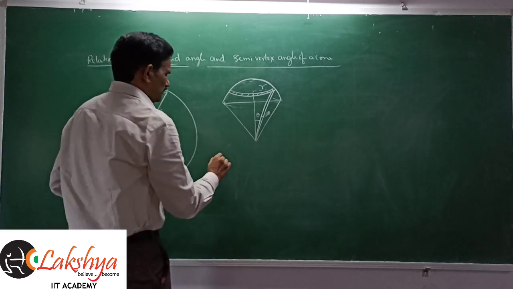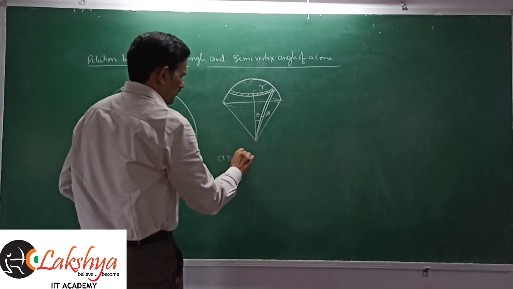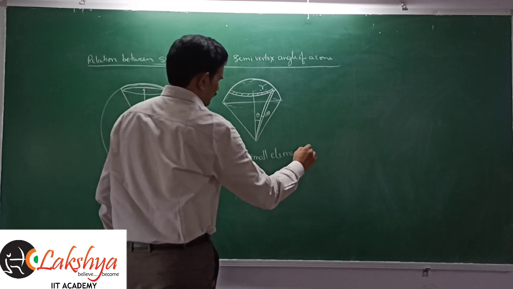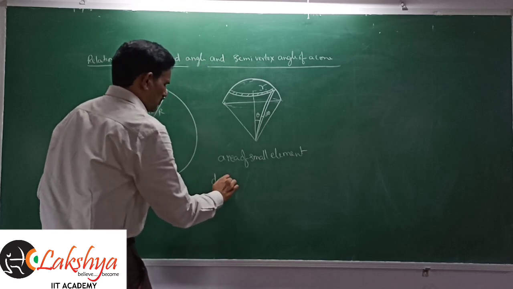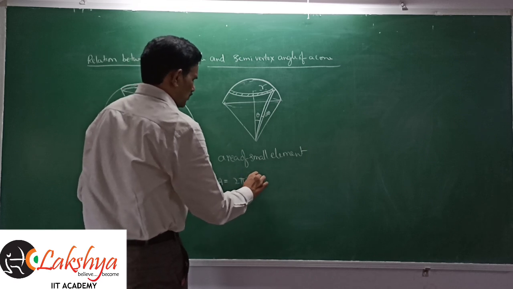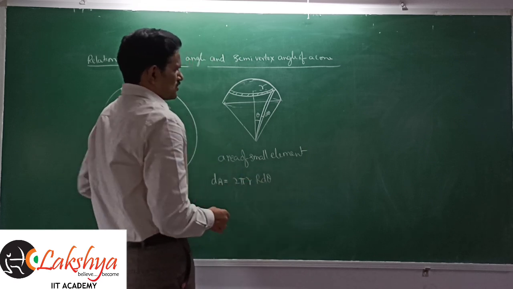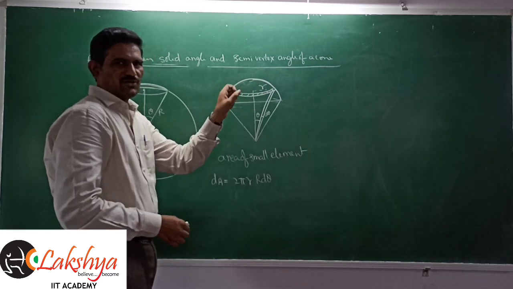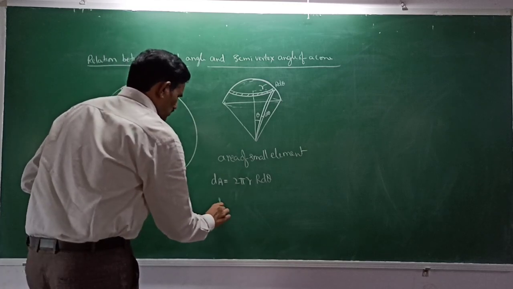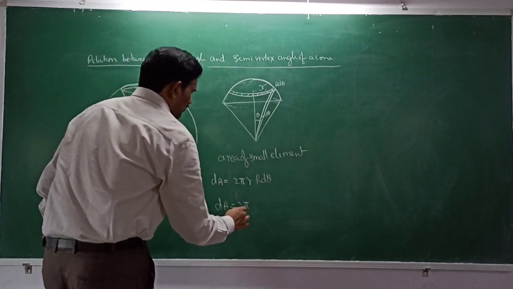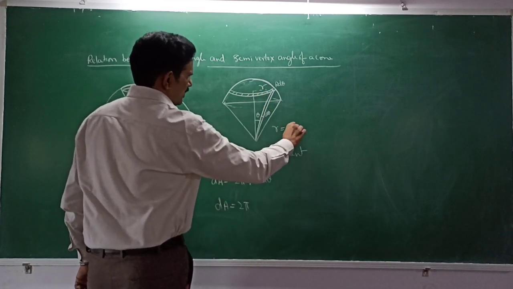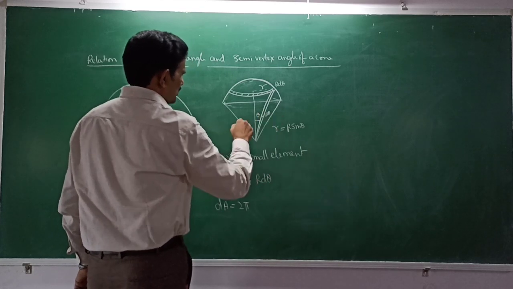And so now here I am writing the area of a small element. So area of small element dA is equal to 2 pi r into r d theta. So 2 pi r will give us circumference into r d theta, so this width, right? Now small r value by using this triangle we can write as r sin theta, where capital R is the radius.